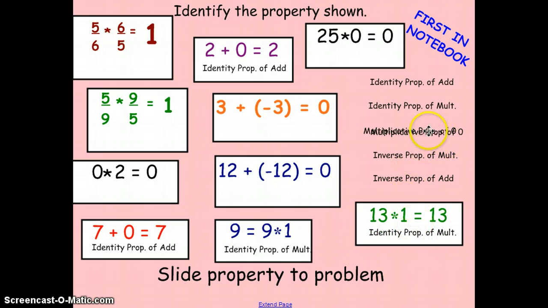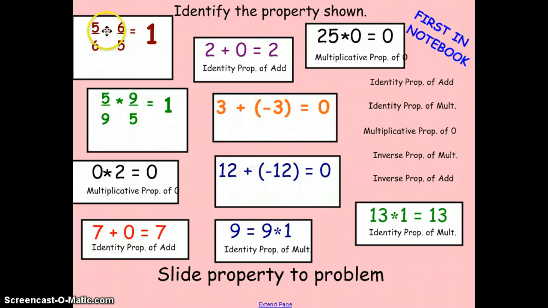All right, so now let's get back to the multiplicative property of 0, where anytime you multiply a number by 0, you get 0. So here's one, and here's another one. But then we have the inverse property of multiplication. So these two are addition, so they're out.